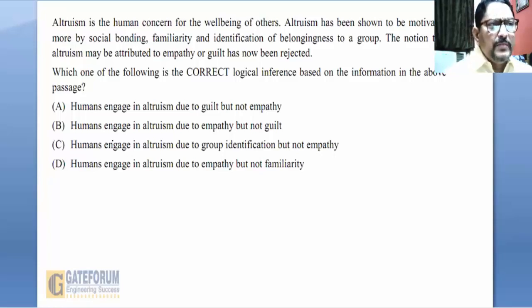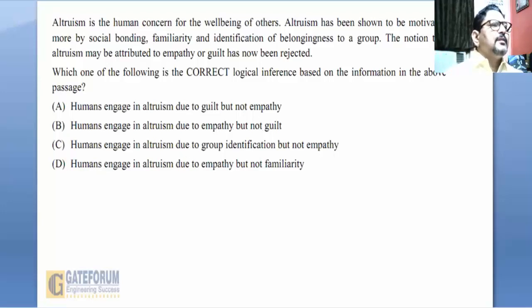We cannot bring in our own judgment, or give other facts than what is given in the passage. So this is something we must understand. So for us, this passage is what is true for us. Which of the following is the correct logical inference based on the information in the above passage?